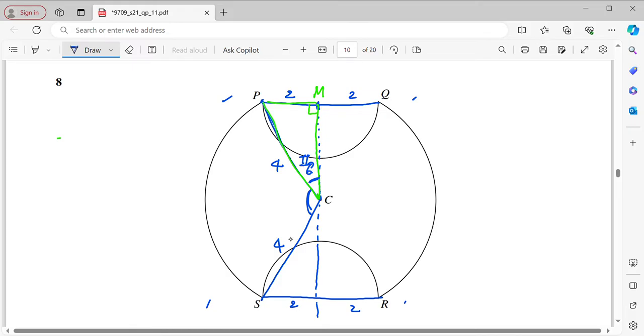But if you realize, PMC and this S and this bottom right angle triangle, they are the same triangle because the radius is the same. Then this side is also 2, here is also 2, which means this is also pi/6. Then now I can find my angle PCS by using pi minus pi/6 minus pi/6.